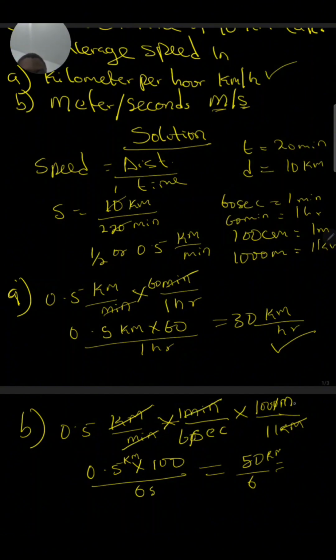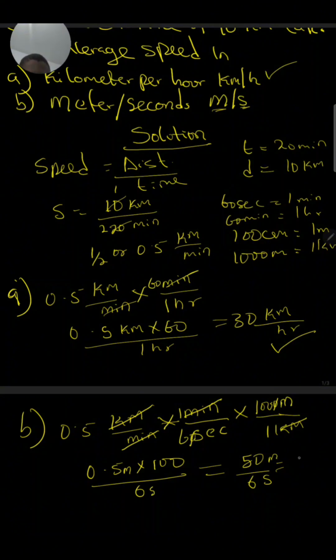So we are left with seconds. So this becomes 0.5 times 100 meter over seconds. Sorry, 0.5 meter times 100 is 50 meters, and this is over seconds.